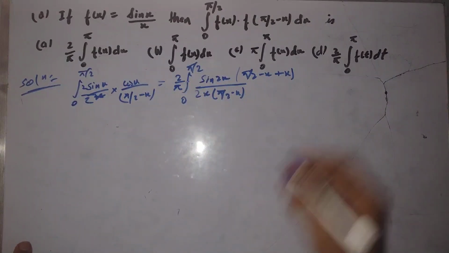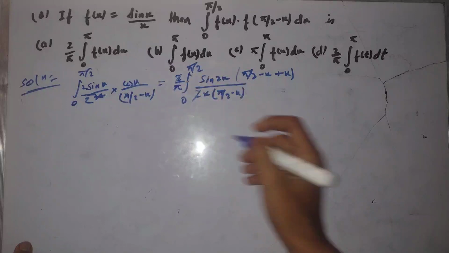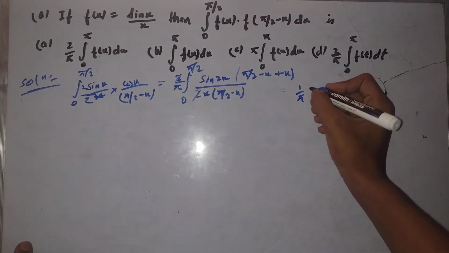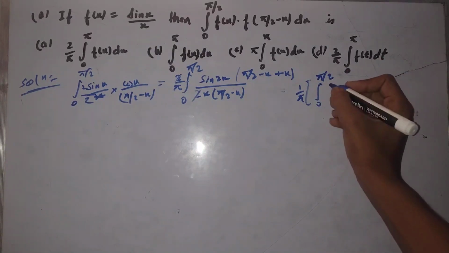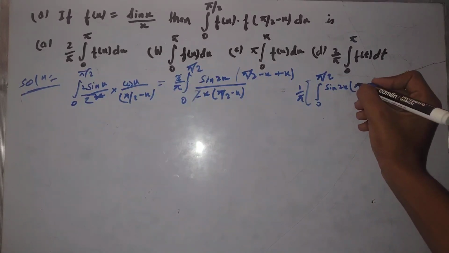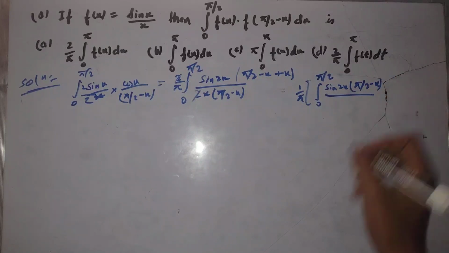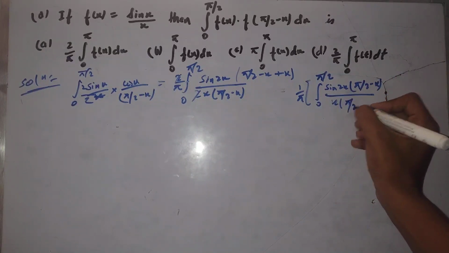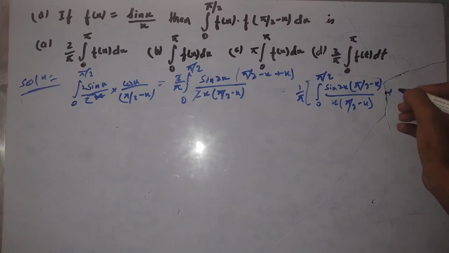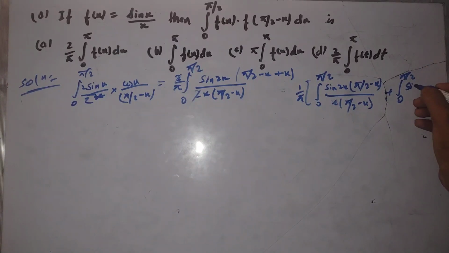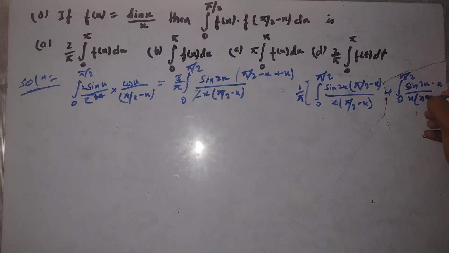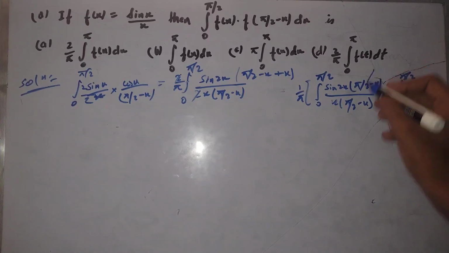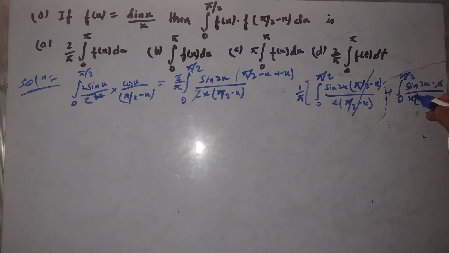Now these two cancel here, so it becomes 1 by pi, integral 0 to pi by 2, sin 2x into pi by 2 minus x upon x into pi by 2 minus x, plus the integral 0 to pi by 2 of sin 2x into x, and in the denominator we have x into pi by 2 minus x. Here the pi by 2 minus x gets cancelled, and here the x gets cancelled.